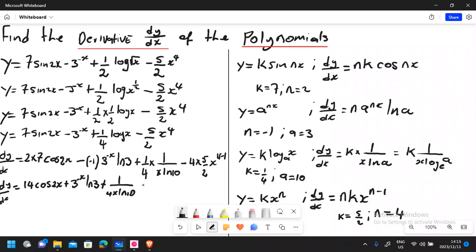And then the last term, what is 4 divided by 2? This is going to be 2 multiplied by 5, and that is going to give us 10x. And then when you look at our exponent, it is 4 minus 1, so our exponent is going to be 3. So this is our dy over dx.